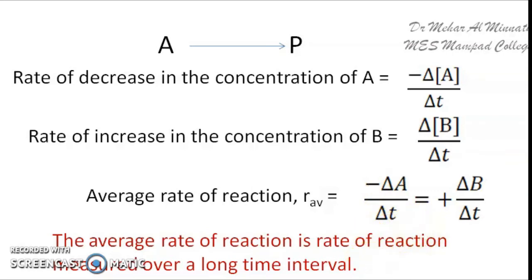It's not a short time interval which you measure. The average rate of reaction is measured over a long time interval, say between 5 minutes to 10 minutes after the reaction starts. So you take a long time interval to determine the average rate of a reaction.